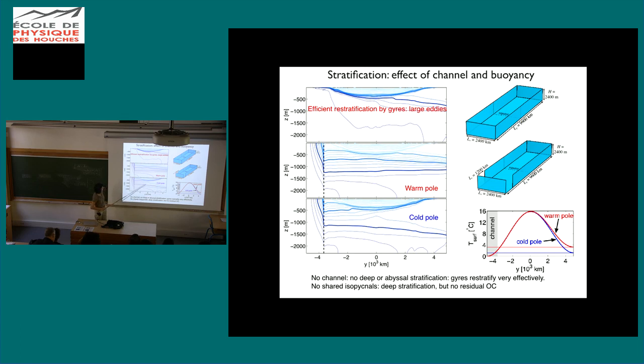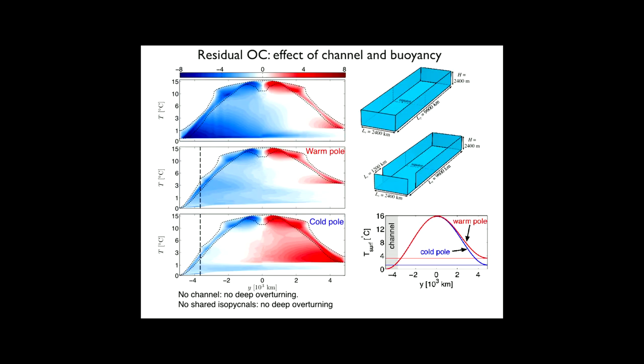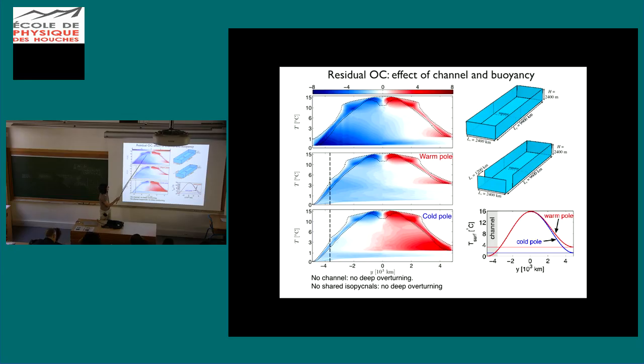There is a difference here, and the fact that you have this very shallow homogeneous region is an indication that there's actually no deep convection going on here, and there's not much of an overturning. So here in fact is the residual overturning, and this is for the closed box case, the warm pole, and the cold pole.